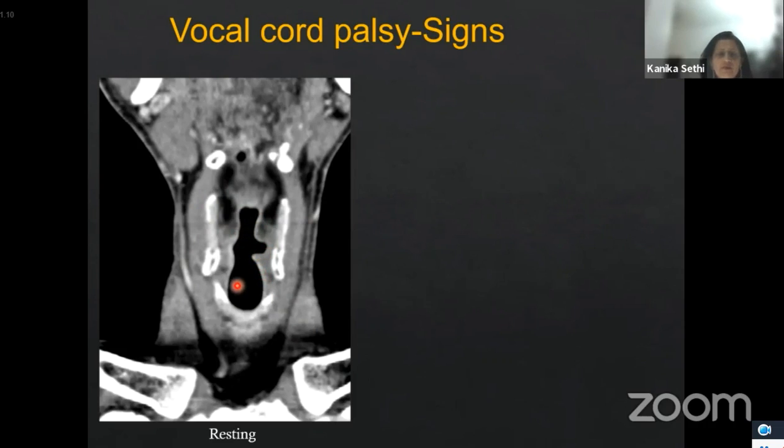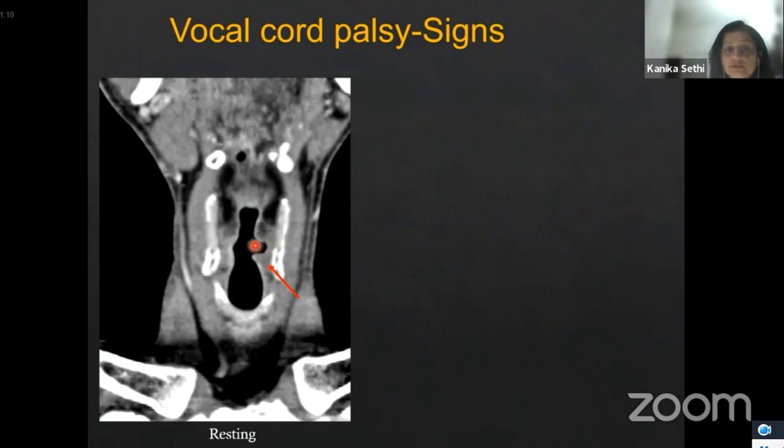What do you see in a normal case? Normally, the laryngeal ventricle is not that dilated. The right vocal cord in normal breathing is nice and abducted, whereas on the paralyzed side, it is thin and medially pointing. Because it is thin and medially pointing, the laryngeal ventricle is dilated.